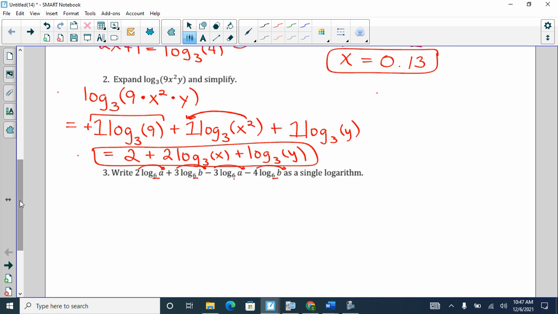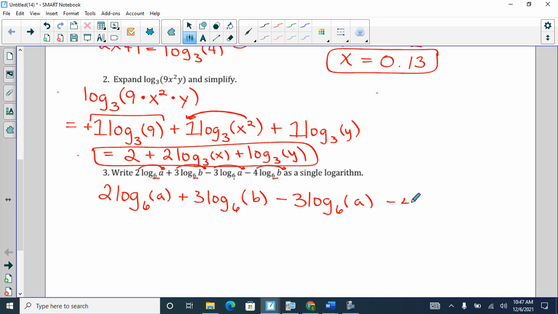So 2 log base 6 of a, I'm going to rewrite this whole question out. 2 log base 6 of a plus 3 log base 6 of b minus 3 log base 6 of a minus 4 log base 6 of b. So I can actually take this 2, bring it up, 3, bring it up, 3, bring it up, 4, bring it up.